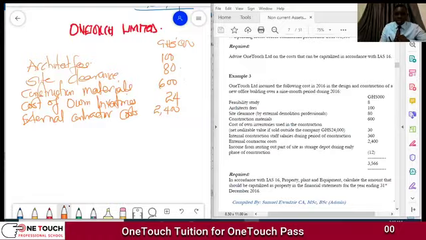So this will constitute the cost of the PPE. So let's see. We have 100 plus 80 plus 600 plus 24 plus 2,400. That gives us 3,204. So this constitutes the item of what?